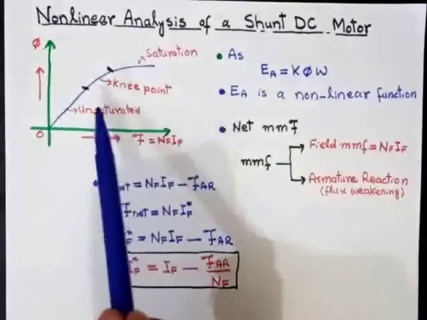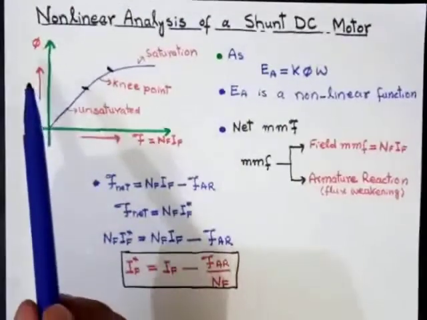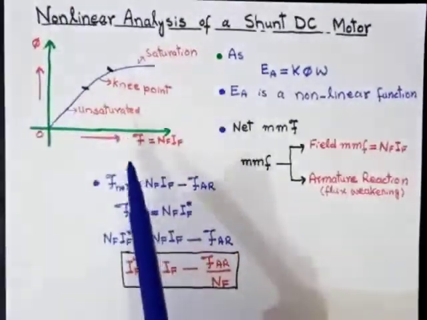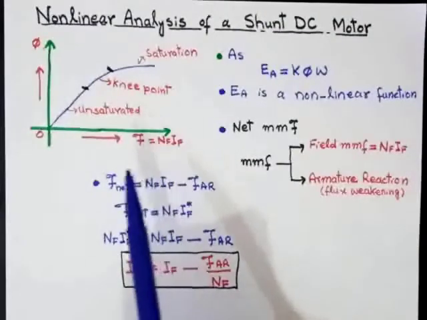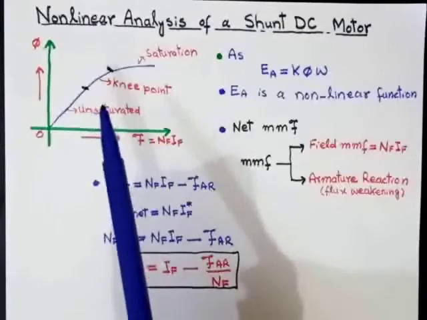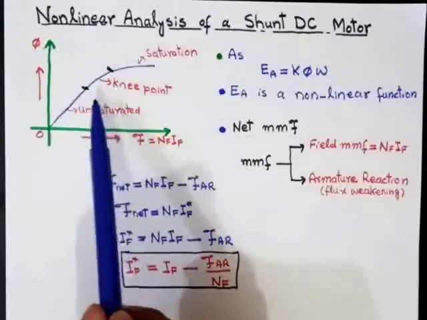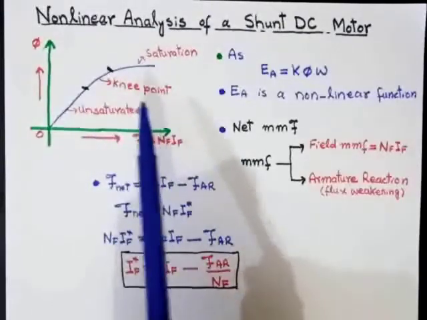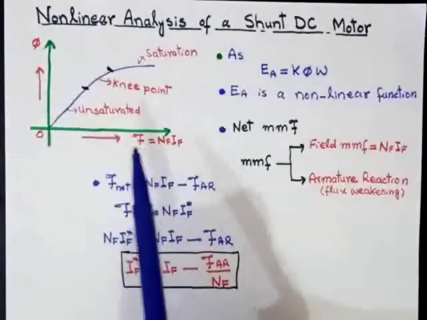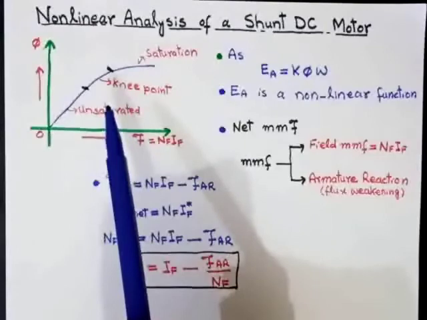As we have already discussed, the relationship between flux and magnetomotive force is nonlinear because the real DC motor works in the knee point. In the knee region, the relationship between flux and magnetomotive force is nonlinear.